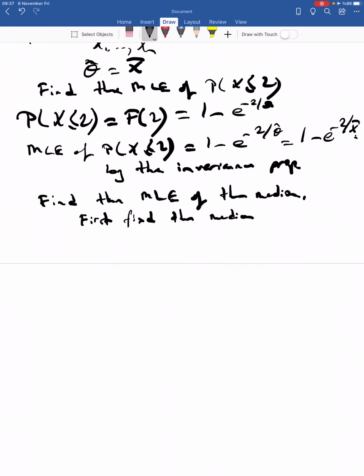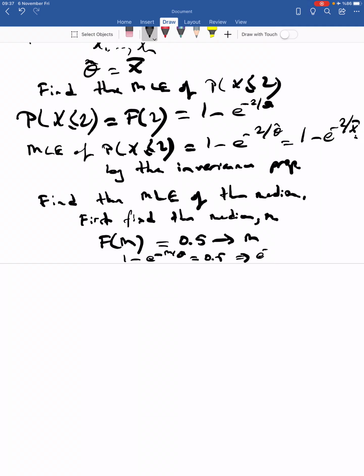If m is the median, it should satisfy F(m) equal to 0.5, and we need to solve for m. So 1 minus e to the minus m over theta equals 0.5.